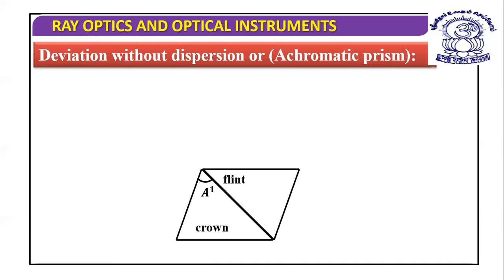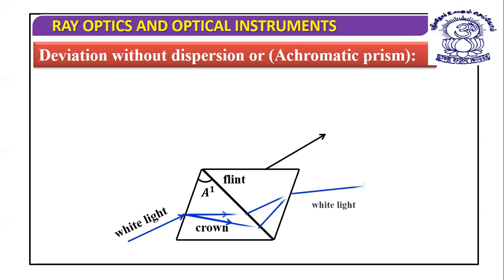Now, what if we want deviation without dispersion? That means when we combine two glass prisms, we want light to get deviated, but we do not want the dispersion. So if we incident white light, we require white light as the outcome.